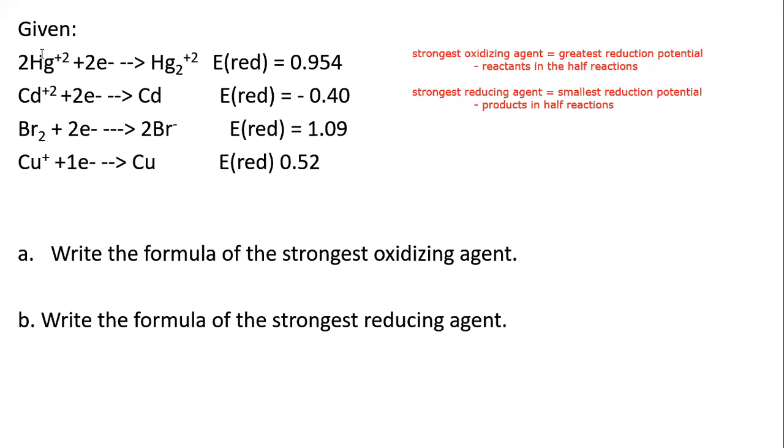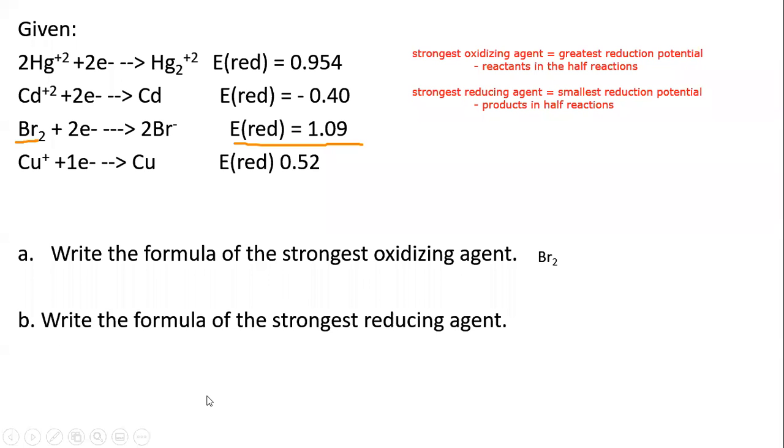So on the reactant side, we have oxidizing agents in the reduction half reactions, and on the product side, we have reducing agents. So A, which one is the strongest oxidizing agent? You find the one with the greatest reduction potential, in this case 1.09. So the strongest oxidizing agent in this set is Br2.